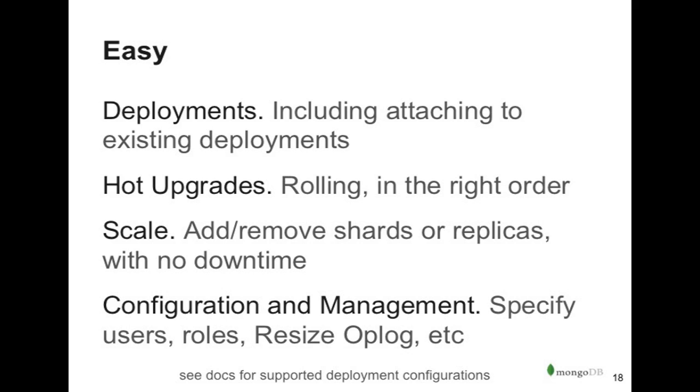So the automation system will use the right order as it upgrades various components of the sharded cluster. It will roll your replica sets, do the upgrades of replica sets in such a way that there's always a primary up, etc. You can scale using our user interface or API. You can easily add or remove shards or replicas, and again, with no downtime, and that's very, very important, and with some peace of mind too.